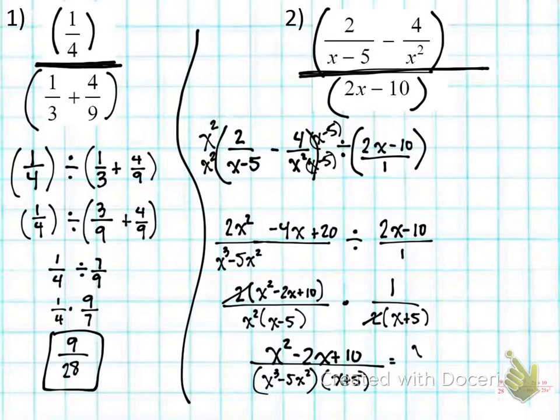So I'm going to multiply across: x squared times minus 2x plus 10, all times 1 right here. It's just going to be the same thing.